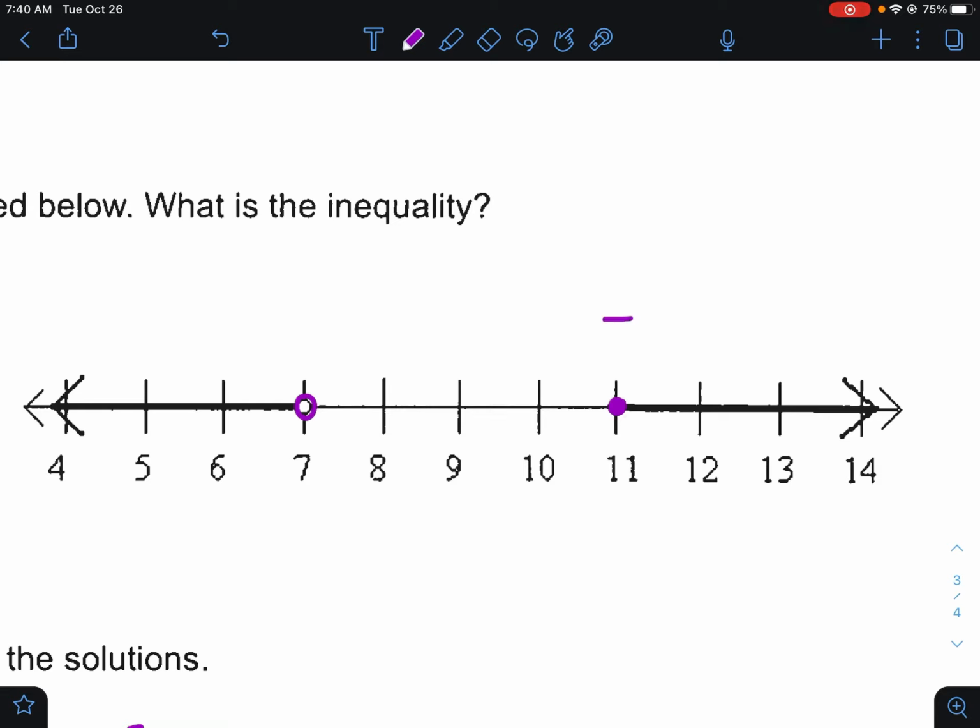This ray is pointing to the left, so it's going to be x is less than the point where it's at, which is 7. This one here, x is greater than or equal to, because it's a closed circle, at the point 11.